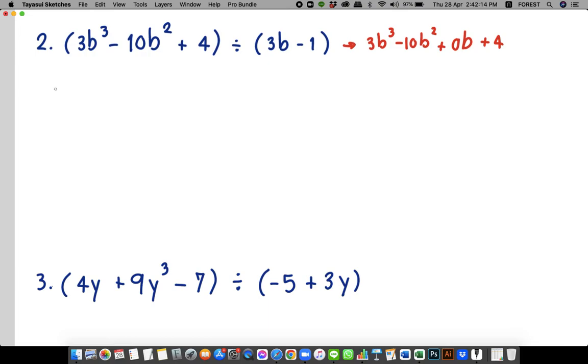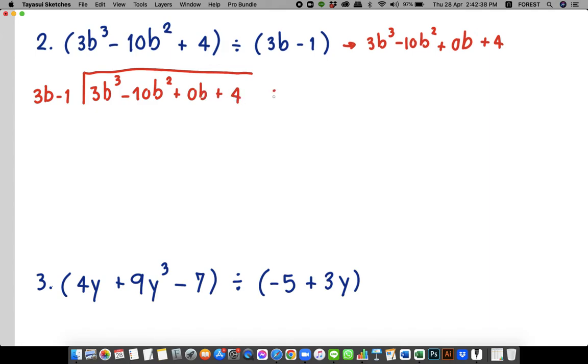Okay, and after that I will do the same thing, that is 3b minus 1 as the divisor. Put the division sign and 3b to the power 3 minus 10b squared plus 0b plus 4.